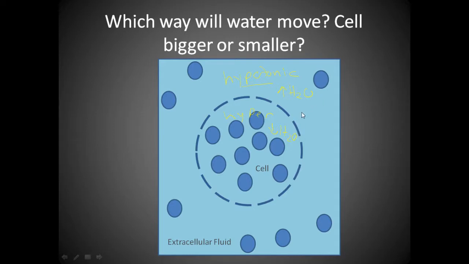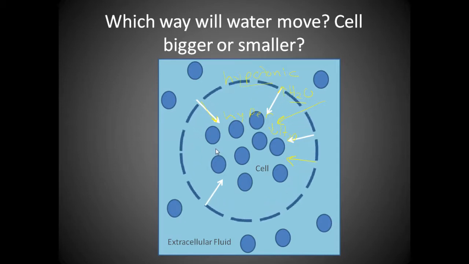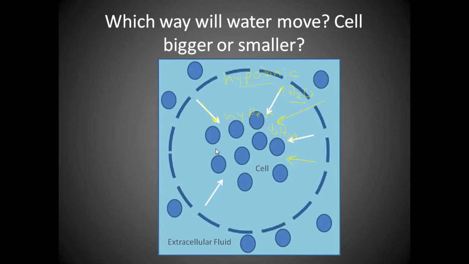Looking at the rules of diffusion and osmosis, water is going to go from a high concentration of water to a low. So water is going to go into the cell. Now if water goes into the cell, what's going to happen to the size of the cell? There's your arrow showing the water going in. The cell's going to get bigger.